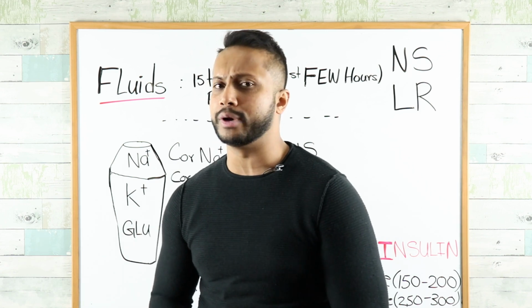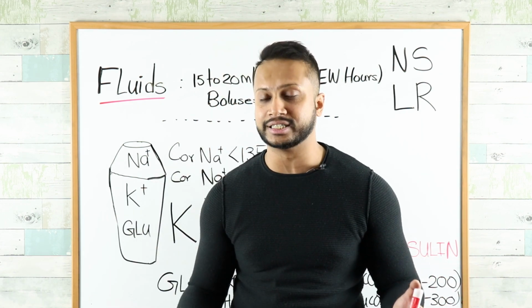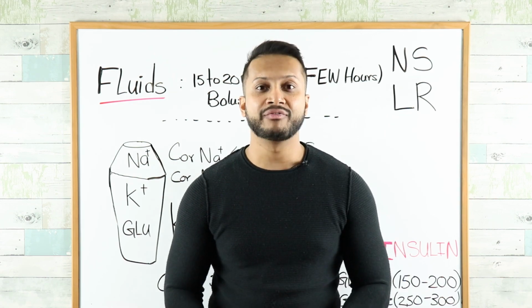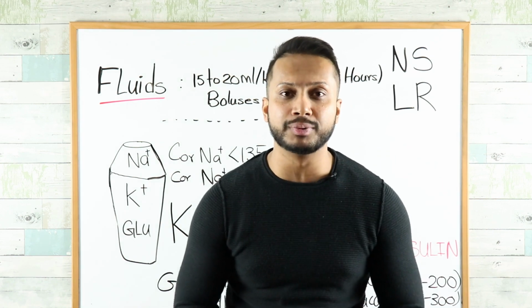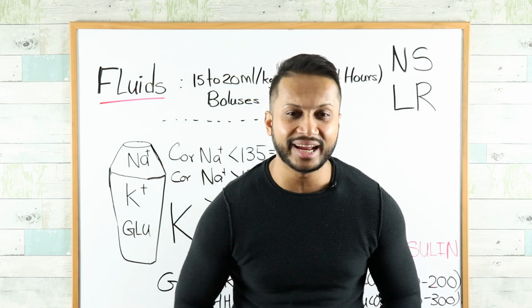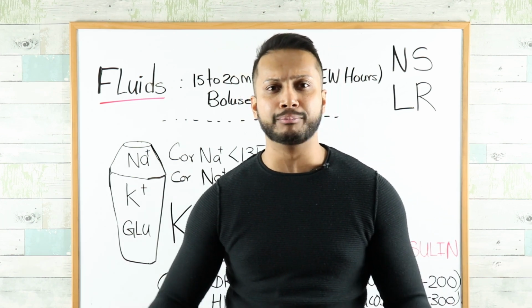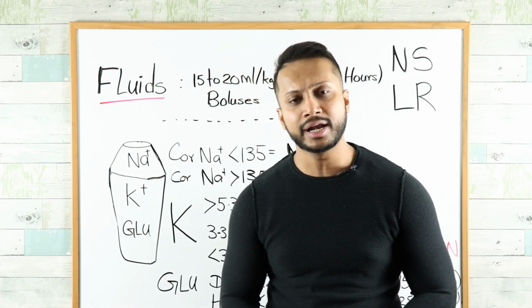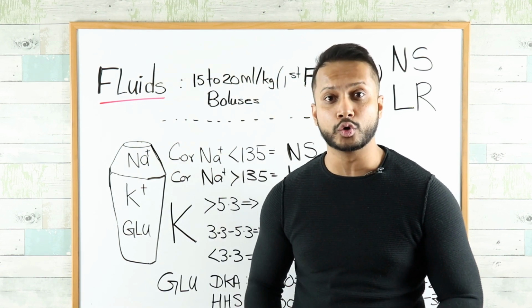As I've already explained to you, both DKA and HHS are volume depleted. So if I replace the volume, you are going to get increased blood flow to the kidneys. If I get increased blood flow to the kidneys, does that mean I'm going to have improved GFR? Yes, I am, right? So if I improve my GFR, I'm going to wash out more glucose in the urine.